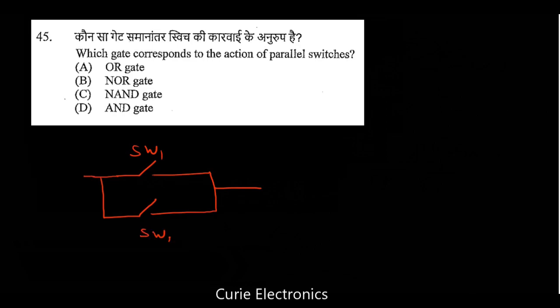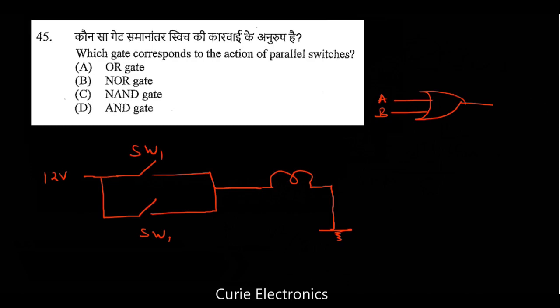Now here, we are connecting a bulb. Let this be the ground. Here we are giving a 12 volt power supply. Now if any of these switches is closed, then this light is going to glow. So this gate is equivalent to an OR gate.